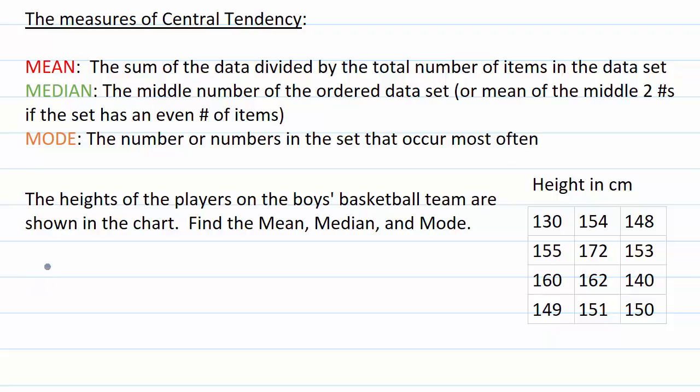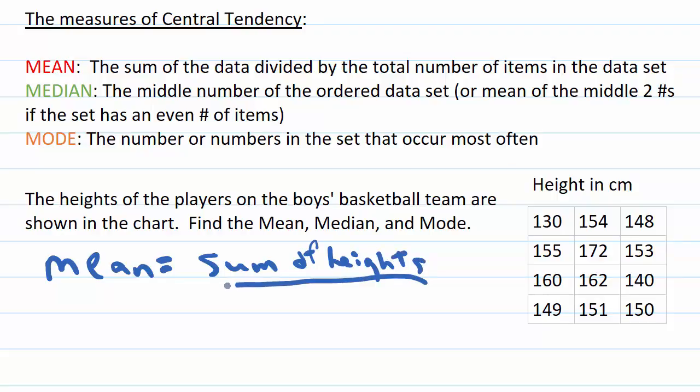Well, how do we find the mean? The mean is equal to the sum of the data divided by the total number of items. In this case the data is measuring height, so the sum of the heights divided by the number of players. That is equal to the sum of the heights, so 130 plus 154 plus 148 plus 155, and so on.